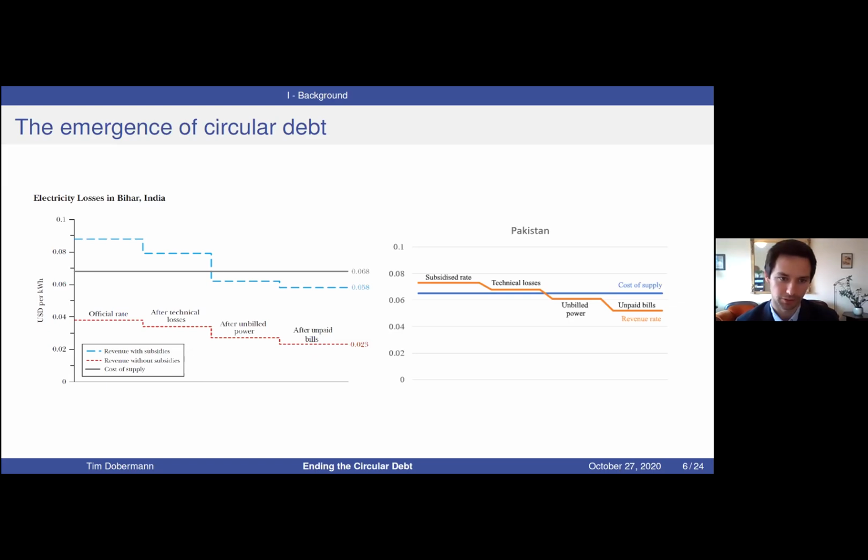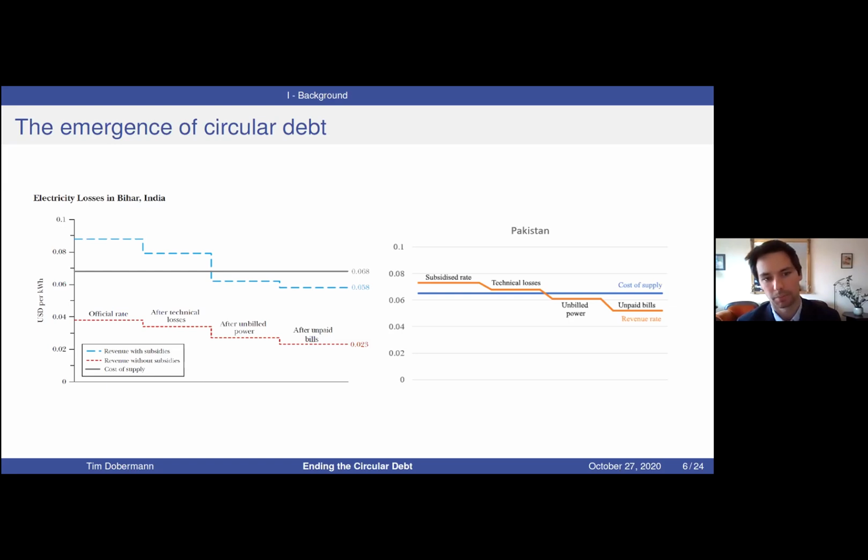But then you have technical losses. Naturally, just by the extent to which infrastructure is aged and needs to be maintained, you have technical losses from the point of generation in the power plant to the household itself. And this can be several percentage points of losses.